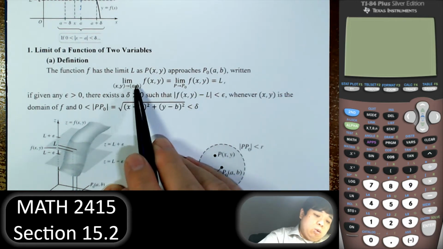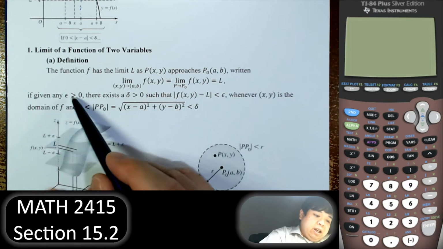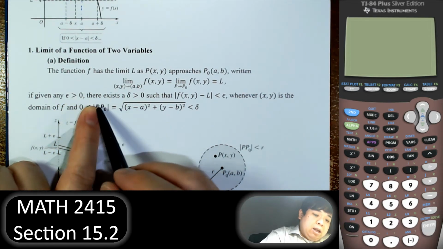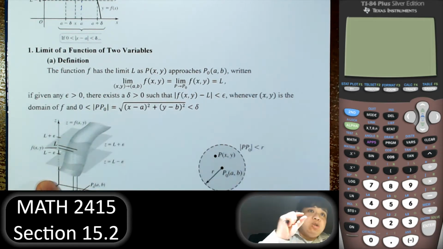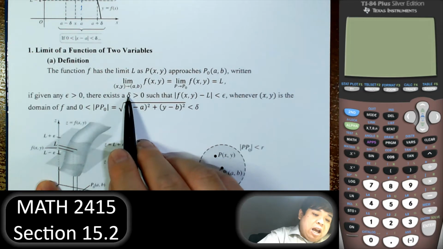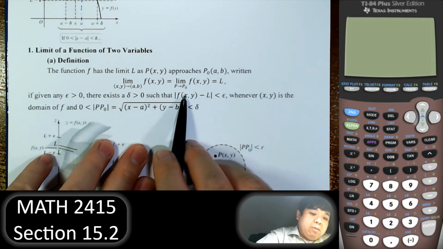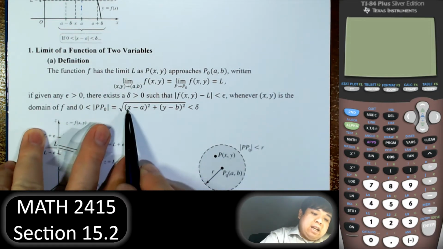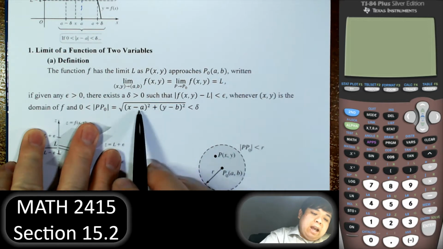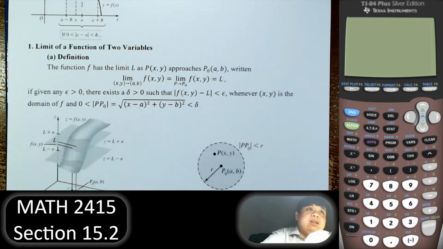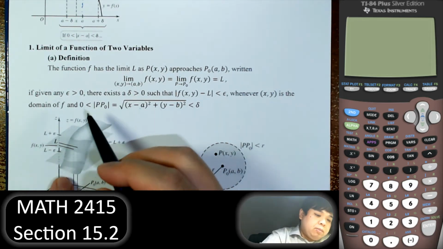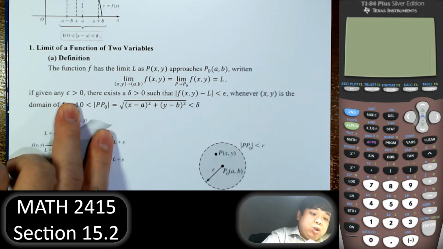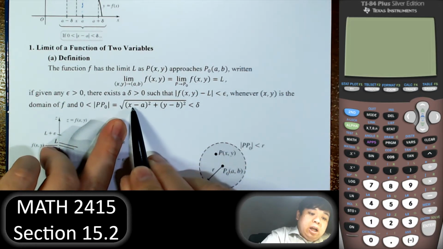We say the limit of the function equals L if for any epsilon greater than 0, usually extremely small, there exists a delta positive such that |f(x, y) minus L| is less than epsilon whenever (x, y) is in the domain and the distance between (x, y) and (a, b) is less than delta, meaning we can get arbitrarily close to L if we choose the point close enough to (a, b).